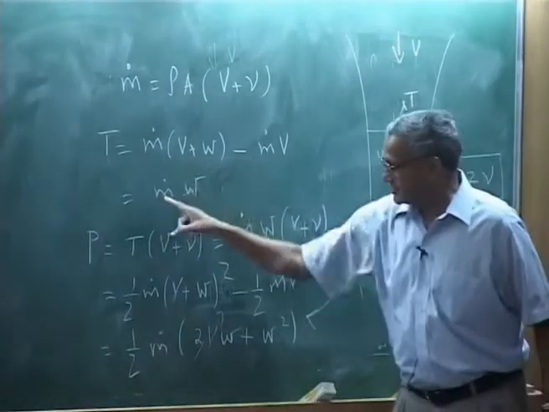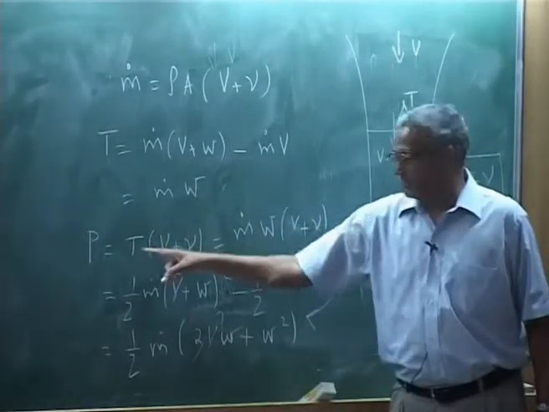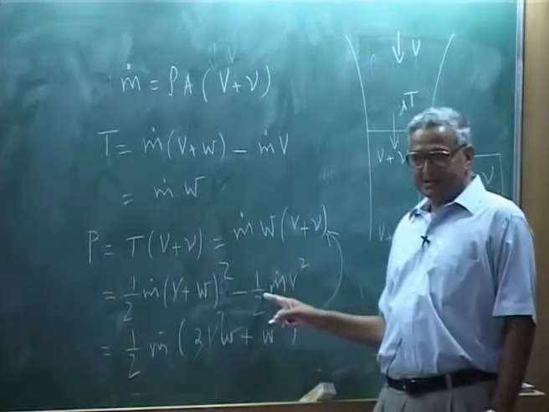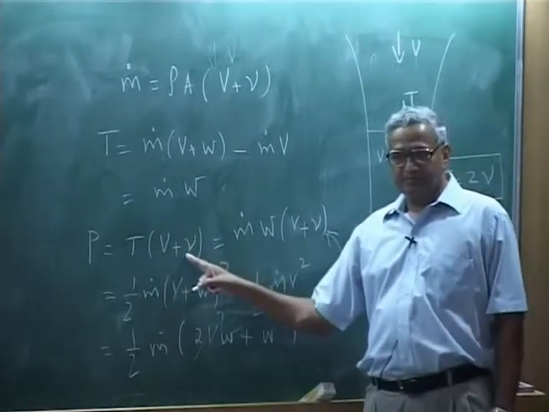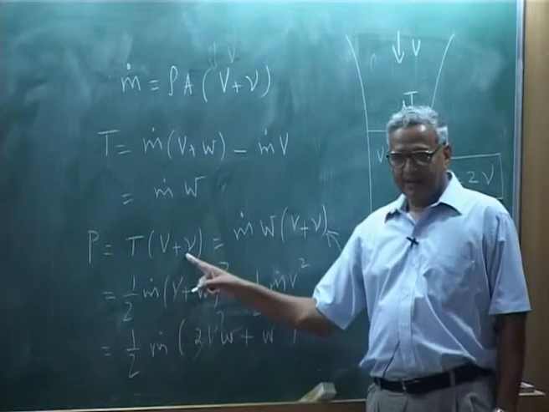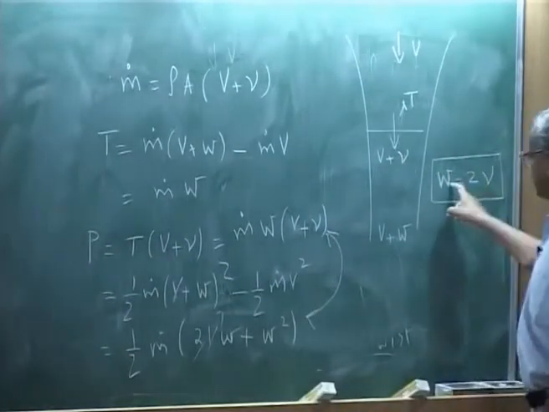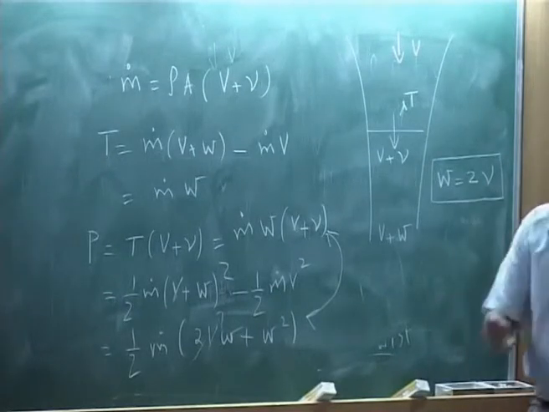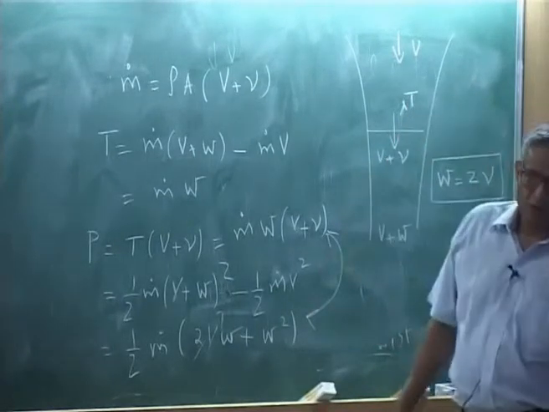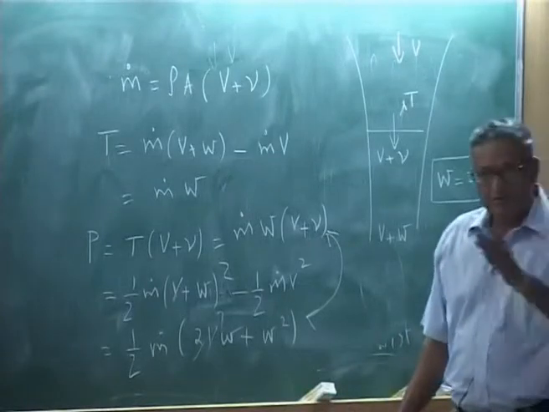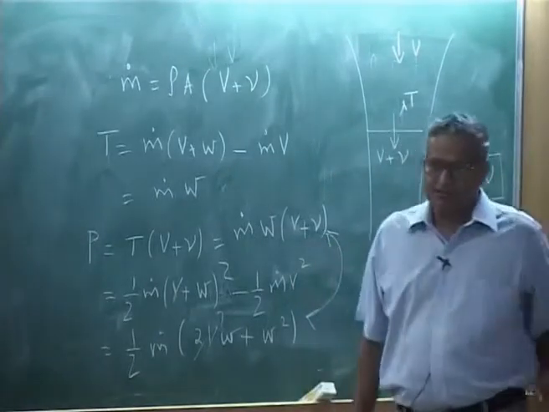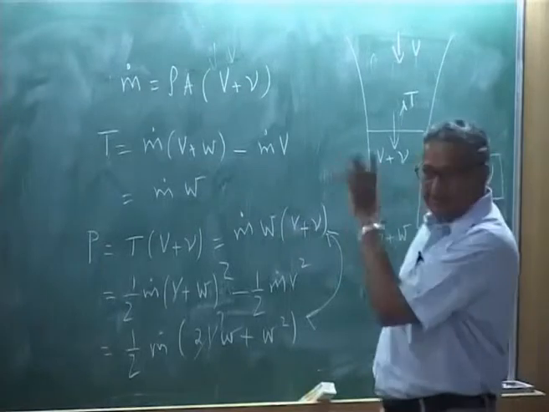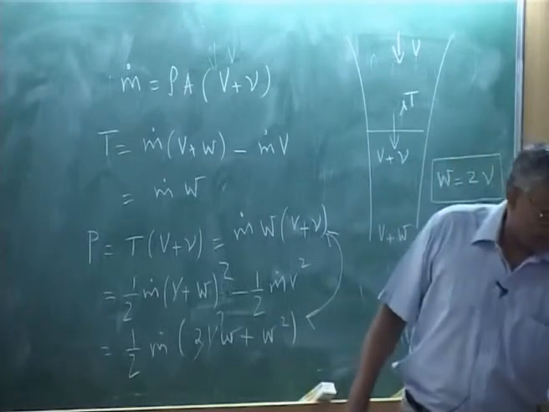I am substituting thrust is m dot W into V plus nu, this is in terms of kinetic energy, this is thrust into V plus nu. Now, when I equate, I get W is 2 nu, which is identical to the result we got in the hover, and you will find even in descent it is going to be the same, that I will show, but only the sign will change a little bit there.